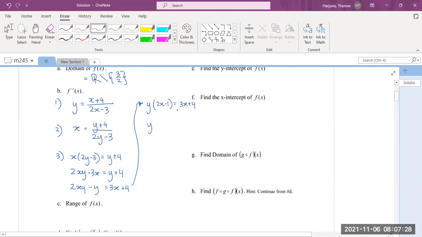So y is equal to 3x plus 4 over 2x minus 1. Then step 4, the inverse function is 3x plus 4 over 2x minus 1.